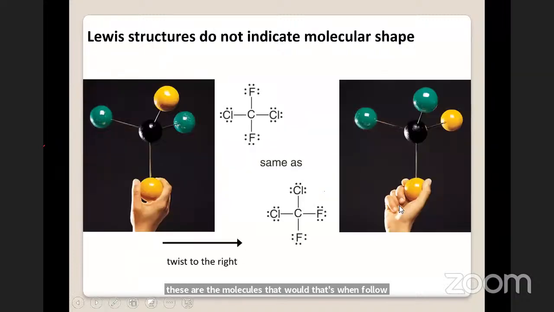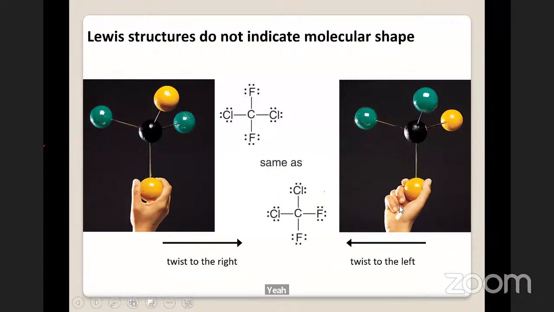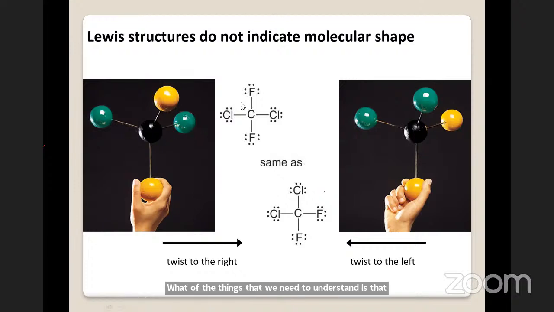Now, one of the things we need to understand is that when you draw a Lewis structure, it does not show you the stereo nature of your molecule, especially when you have a chiral molecule, though not necessarily chiral.